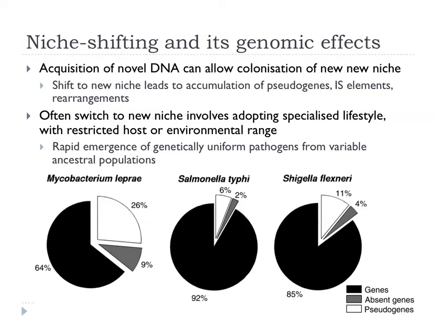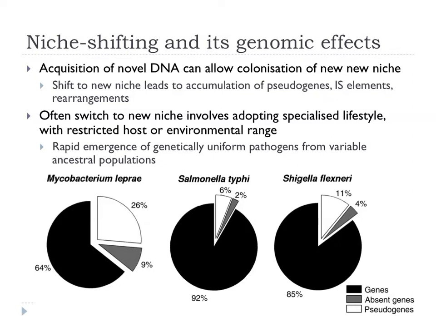So typically when a generalist organism that can live in lots of different environments suddenly starts living in one rather boring, predictable environment, we see the organism suddenly has to jettison large parts of its genome, because large parts of its genome are either no use to it at all and will get lost slowly but surely, or in fact they may be a positive hindrance and get selected against. And we see this as a very common motif in bacterial genome evolution.